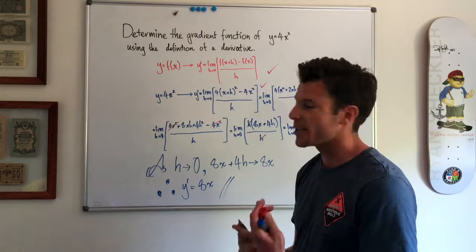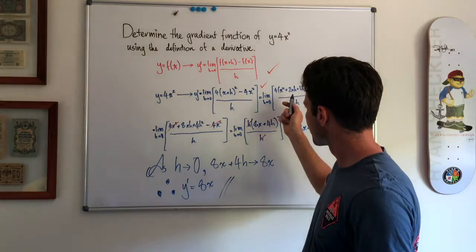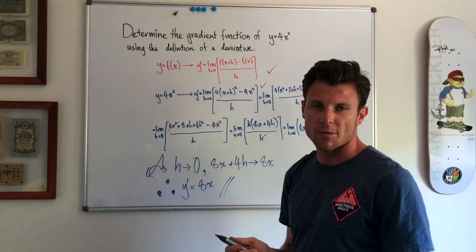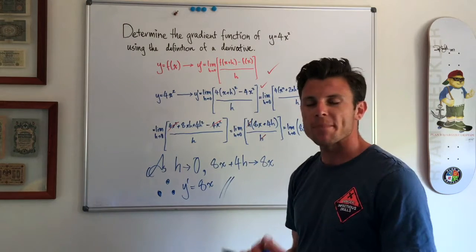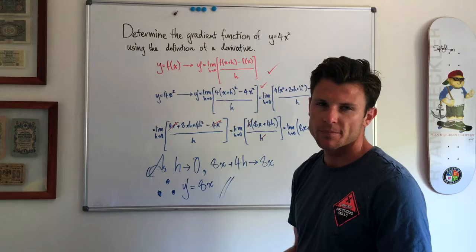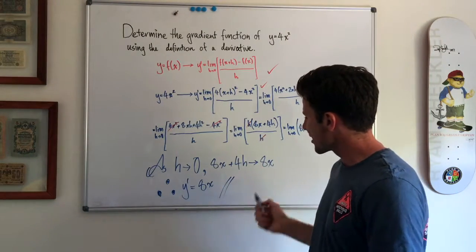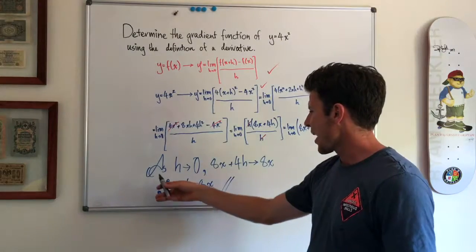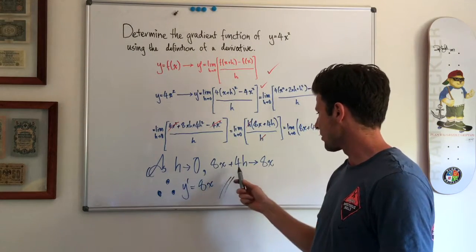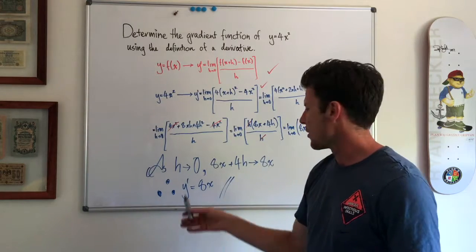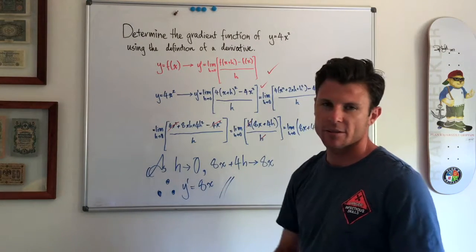The first step is get rid of the brackets. The second step is get rid of the h in the denominator. And then the third step is evaluate the limit. So after I evaluate the limit, I write my limit statement, as h approaches 0, 8x plus 4h approaches 8x. And therefore, the derivative is 8x.